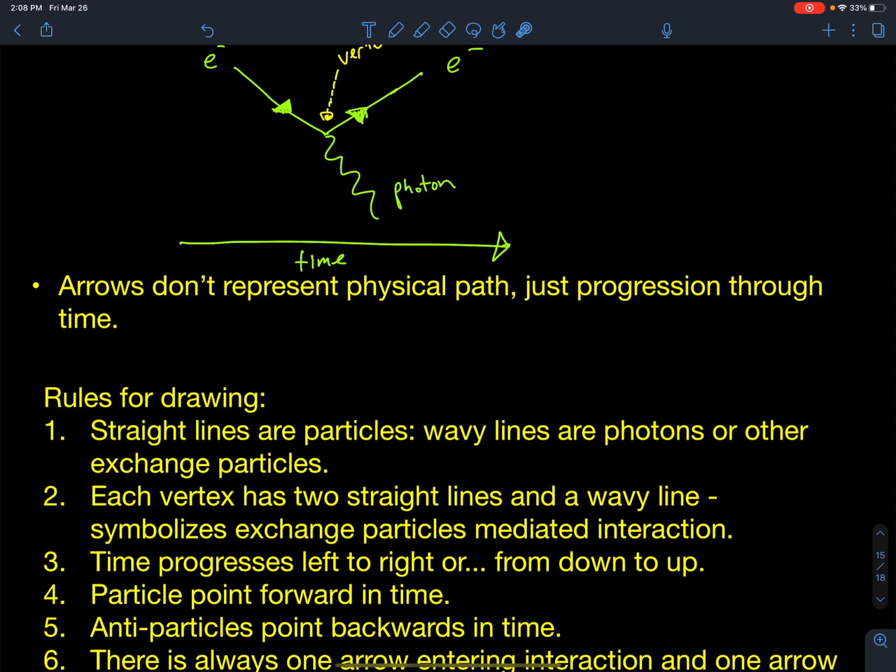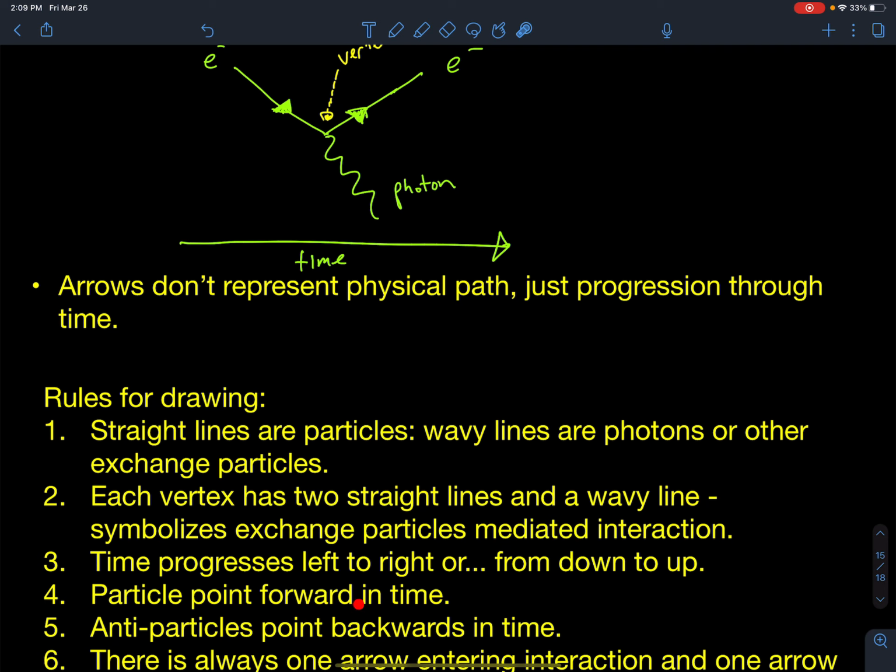Each vertex has 2 straight lines and a wavy line, symbolizing an exchange-particle-mediated interaction. Time progresses left to right, and sometimes you might see a drawing where time progresses upwards, from bottom up. It depends on the nature of the drawing, but most often it's left to right.